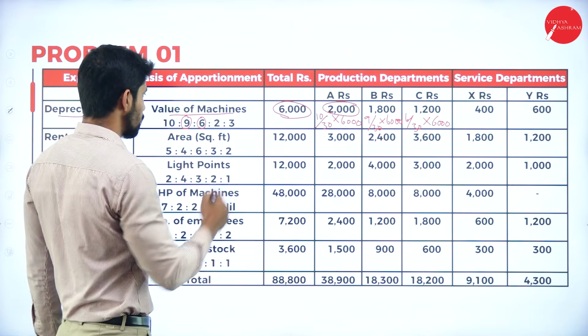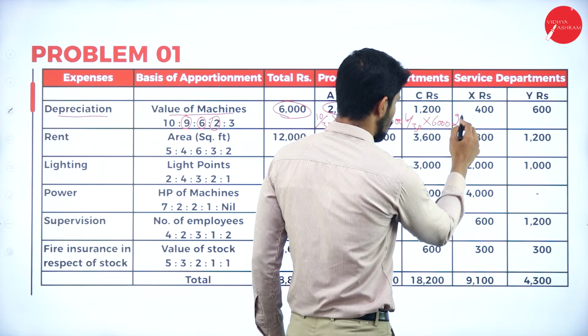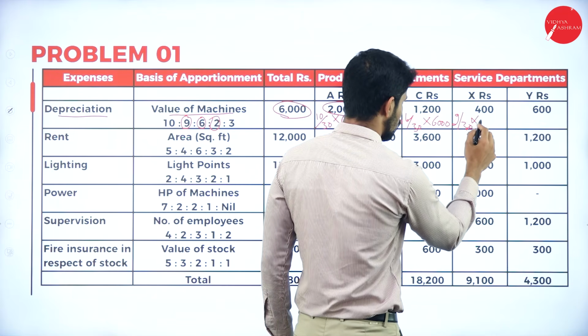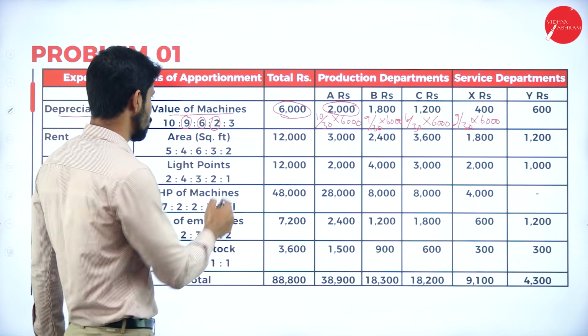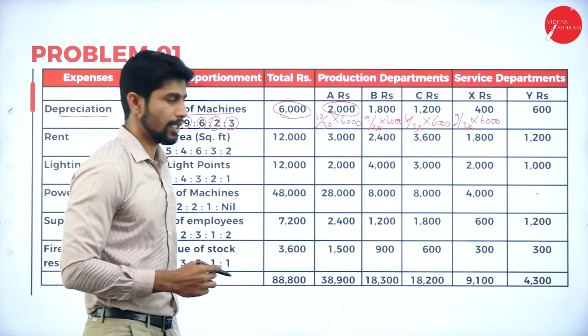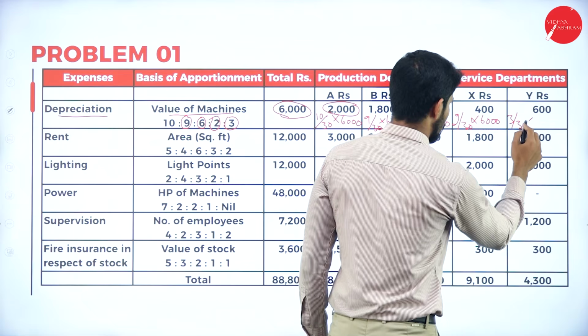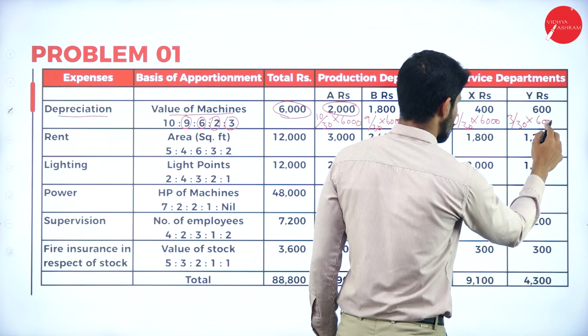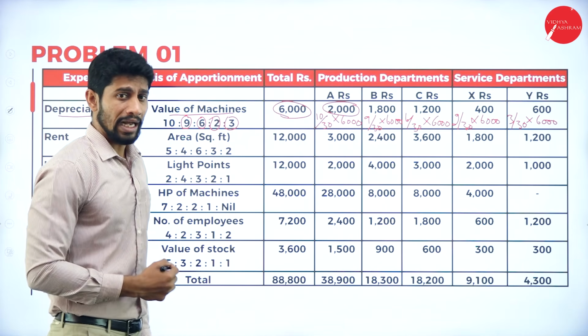Next, service department X, the ratio is 2. So 2 divided by 30 into 6,000. Service department Y, the ratio is 3. So 3 divided by 30 into 6,000. You will get 600. So this is how you are supposed to allocate.